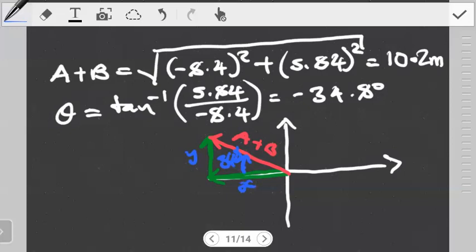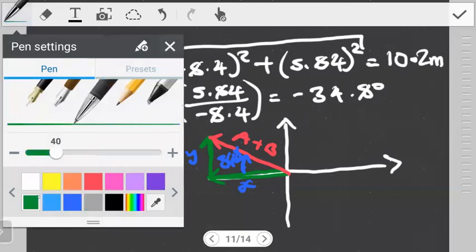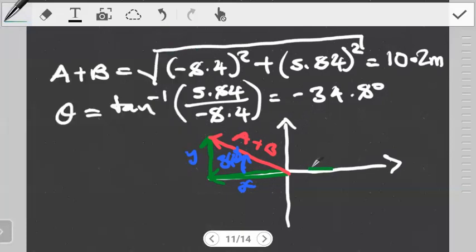The next thing that you want to look at is to present your answer, the angle. You have to present it as anti-clockwise from the positive x, not clockwise. So we have to measure it from that side.